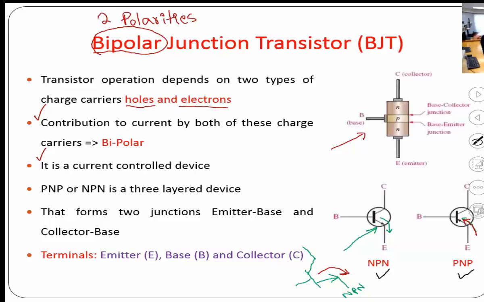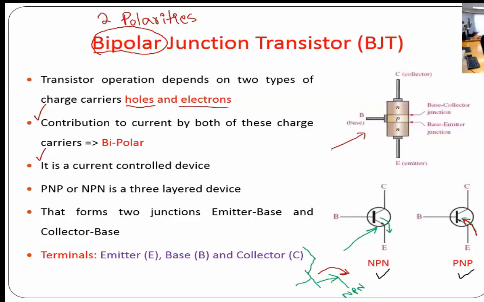The naming of this transistor also means something. The purpose of the collector side is to collect the electrons. The purpose of the emitter side is to emit the electrons. The purpose of the base is just a medium to transfer these electrons from either collector to the emitter or emitter to the collector.